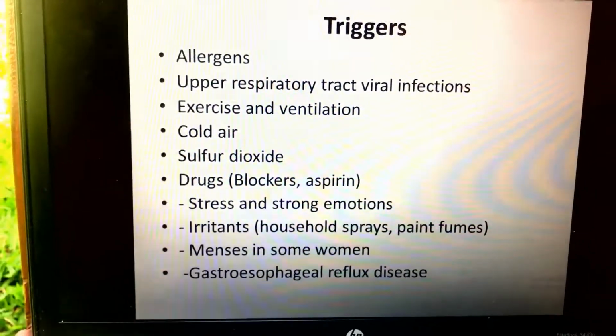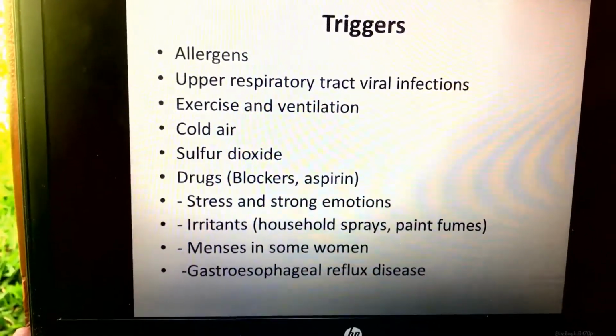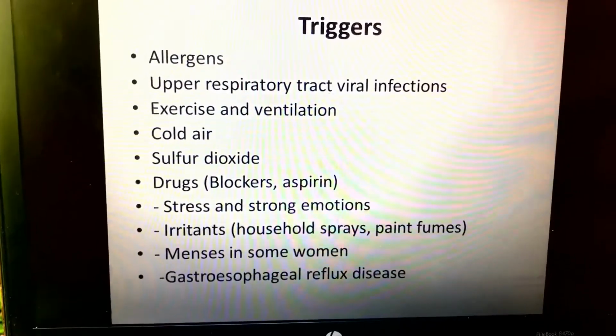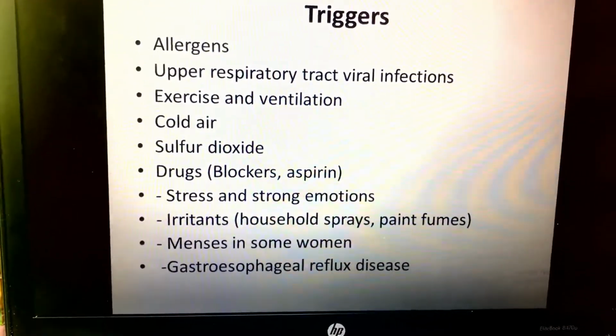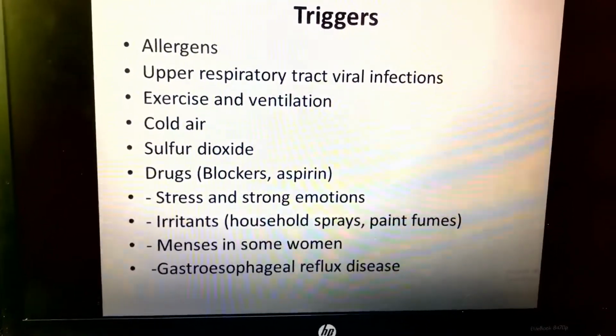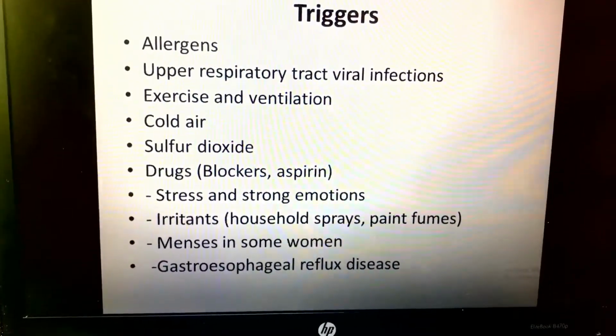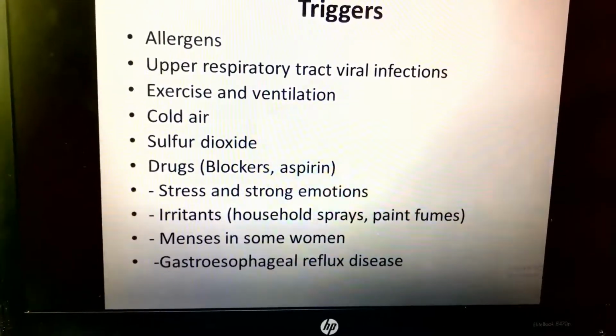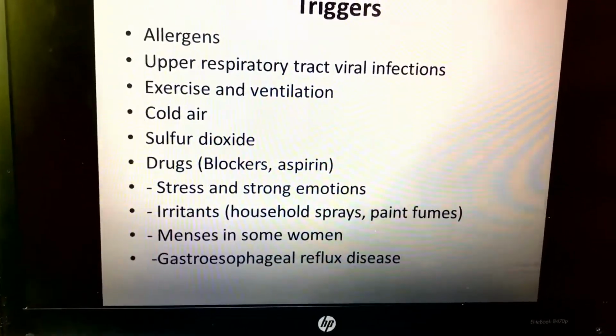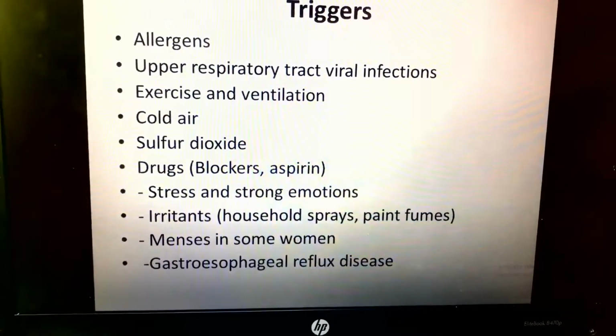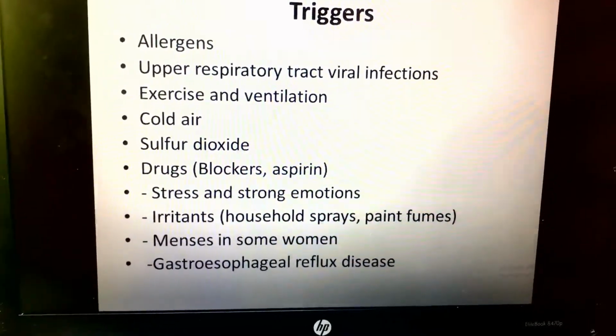Now, the triggers. These are allergens. I explained the allergen: these are the things that can cause hypersensitivity in the body. Upper respiratory tract viral infections, exercise and hyperventilation, cold air, sulfur dioxide, and drugs. What drugs can cause asthma? Beta blockers and aspirin also.